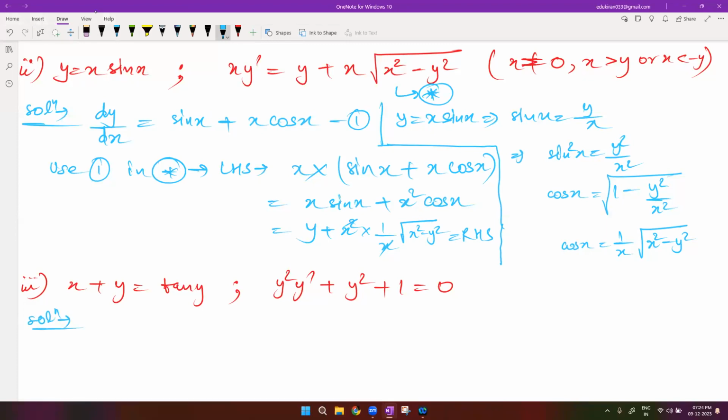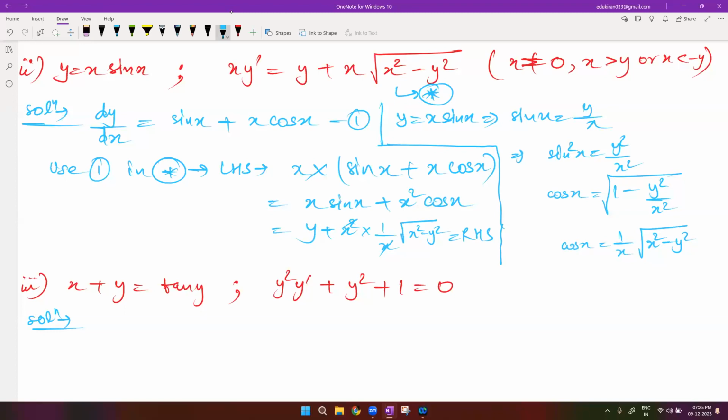If I observe the differential equation, then I only need y dash. That is, I just have to differentiate the whole equation with respect to x once, right? So let's find dy by dx first.